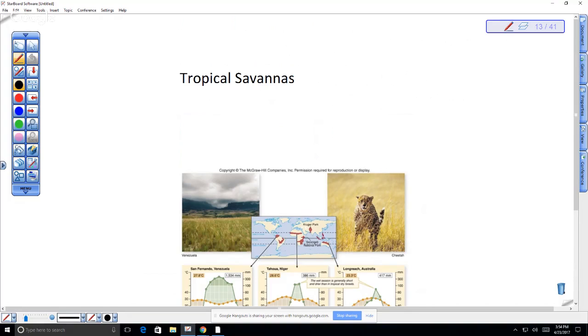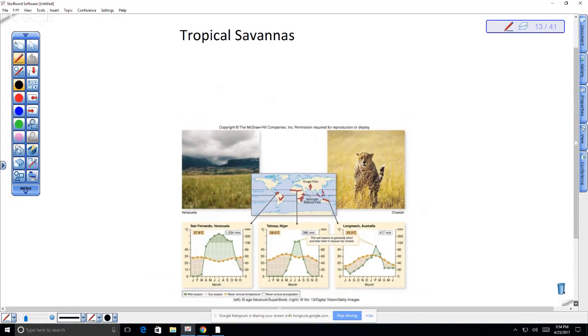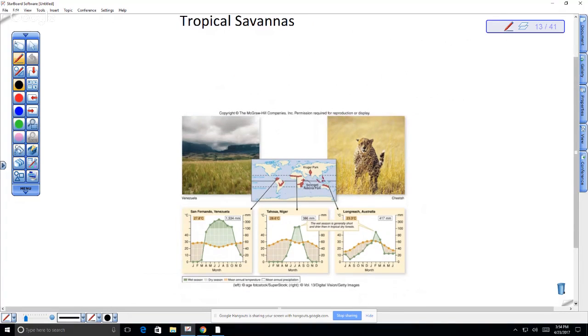And when we look at this environment, we see that there is relatively stable temperature, but there is a distinct rainy season. And this rainy season tends to be shorter, and the dry season tends to be longer than what we see in tropical dry forests. And so there's generally not enough water to support lots of trees.